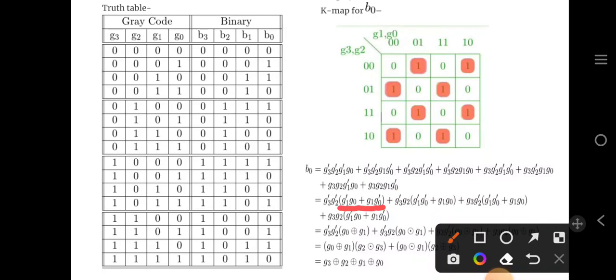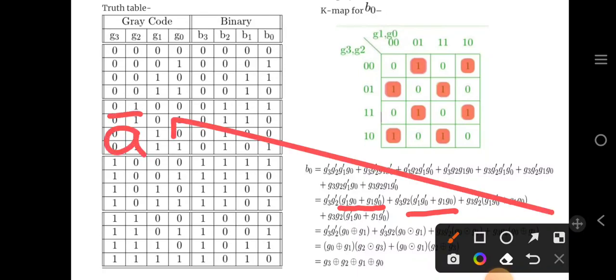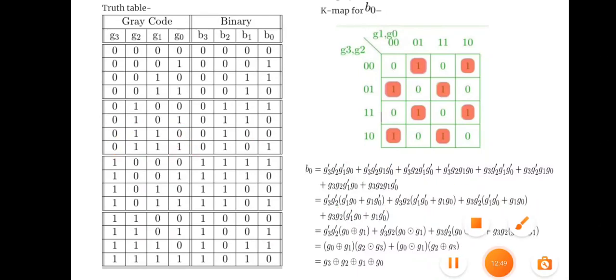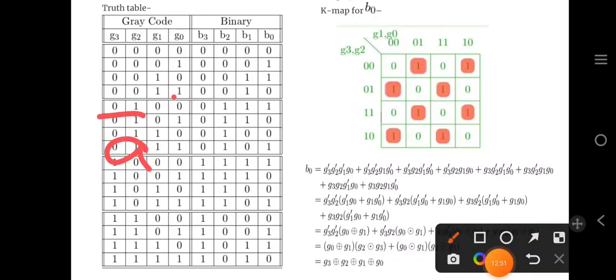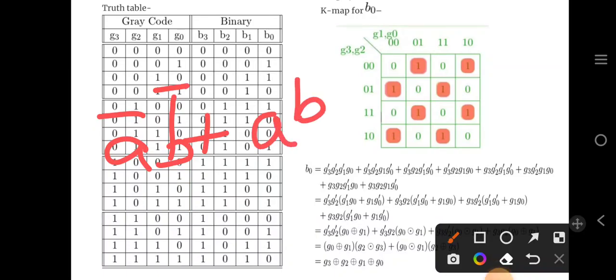And if you see here, G1 bar G0 bar plus G1 G0, this is nothing but, like a bar b bar plus a b, the a XNOR b.